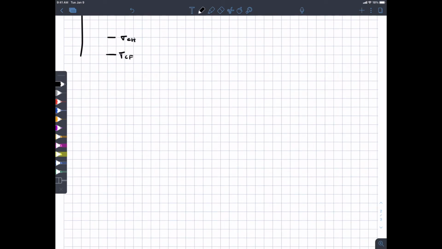So here would be an sp3 on carbon, and let's say a 1s on hydrogen. Here we've gone down in stability by about 3 units. Here we've gone up about 4 in our drawing.